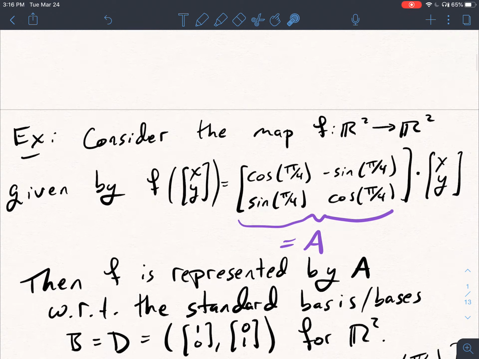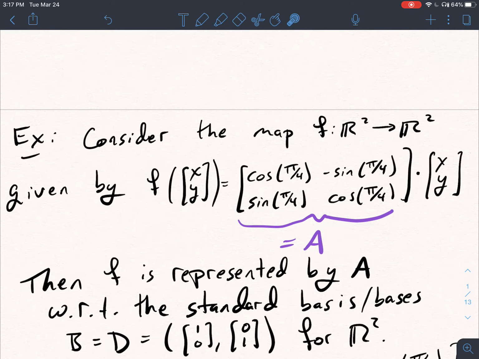Right, so f is represented by this matrix with respect to the standard bases for the domain and codomain. This is just coming from a general fact that anytime you have a function given by f of a vector is equal to matrix A times the same vector, then that map f is going to be represented by the matrix that you're multiplying by with respect to the standard bases of the domain and codomain.